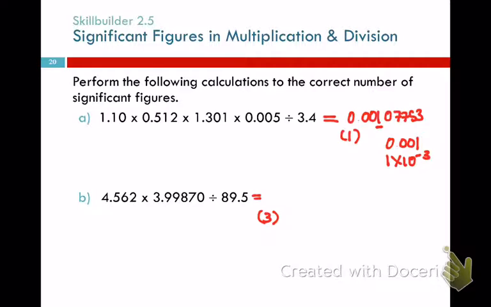Okay, I'll try to be more careful with this one. 4, 5, 6, 2 times 3.9987 divided by 89.5. And then I get this. 0. That was right. The first one.